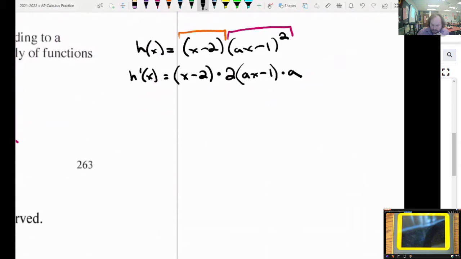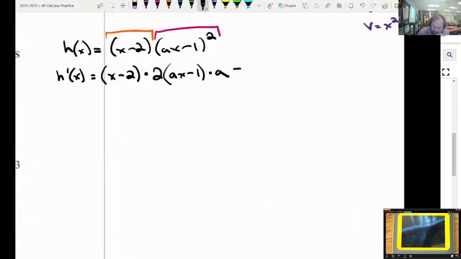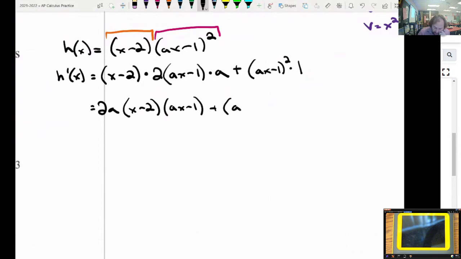That would be the first chunk of the product rule, so plus the original second thing, ax minus 1 squared, times the derivative of x minus 2, which is just 1. So if we clean this up a little bit, what we'll have is 2a times x minus 2 times ax minus 1 plus ax minus 1 squared, like that.